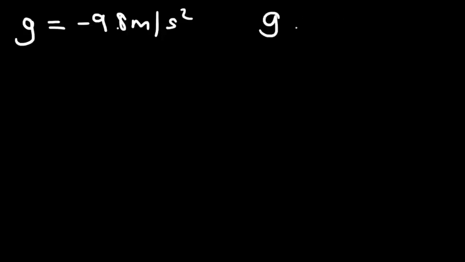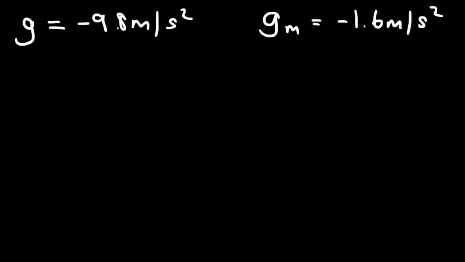So the gravitational acceleration of the moon, for example, is negative 1.6 meters per second squared. It's a lot less. For one reason, the moon has less mass than the Earth. And so you will weigh a lot less on the moon. You'll feel lighter on the moon, and so you can jump higher on the moon.